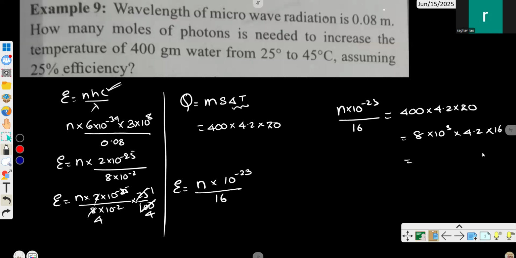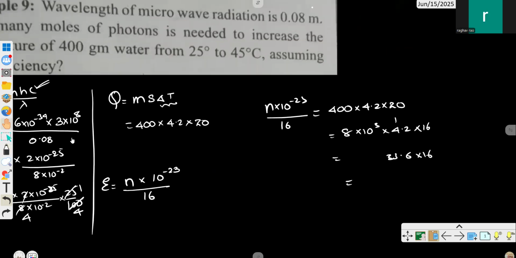So 8 into 4.2 is 33.6, into 16, this would give me 537.6 into 10 power 3, and another 10 power 3.